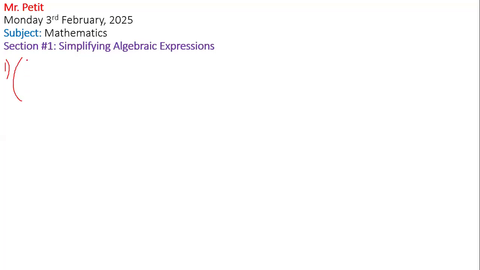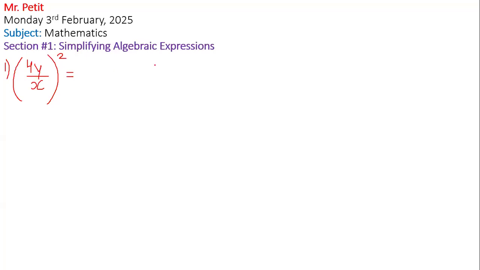Let's say 4y over x, and I want to raise that to the power of 2 for now. So I have 4y over x, all raised to the power of 2. Can someone tell me how I'm going to simplify this expression?